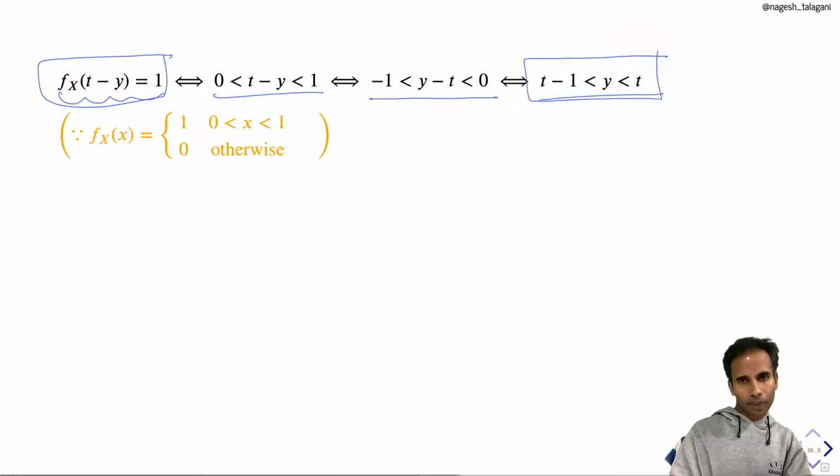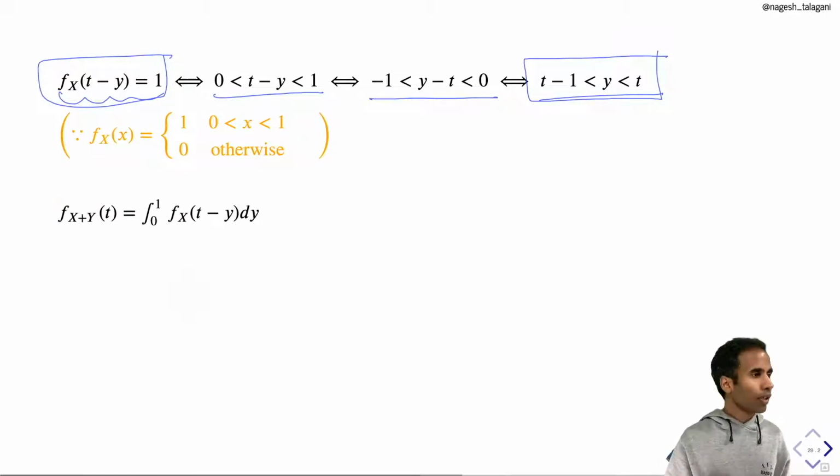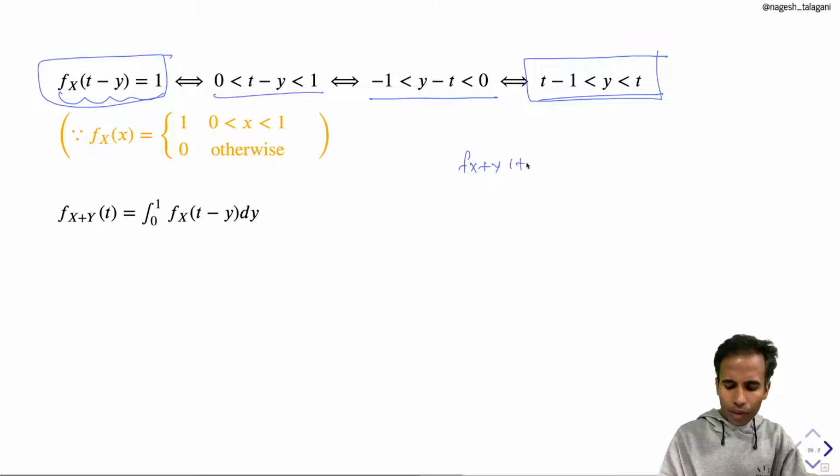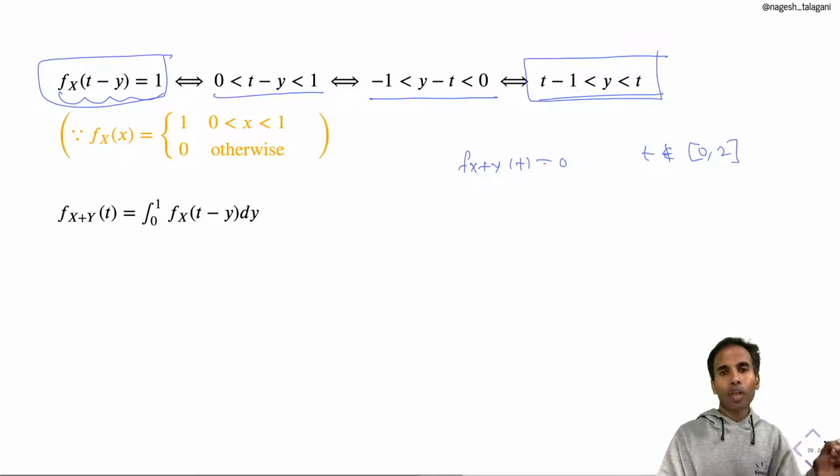What is the simplified convolution that we have for the PDF of X + Y? This one: f_{X+Y}(t) = ∫ from 0 to 1 of fX(t − y) dy, right? Okay. We already realized that f_{X+Y}(t) is 0 when t is outside the interval 0 to 2, as the support of X + Y is the interval 0 to 2.